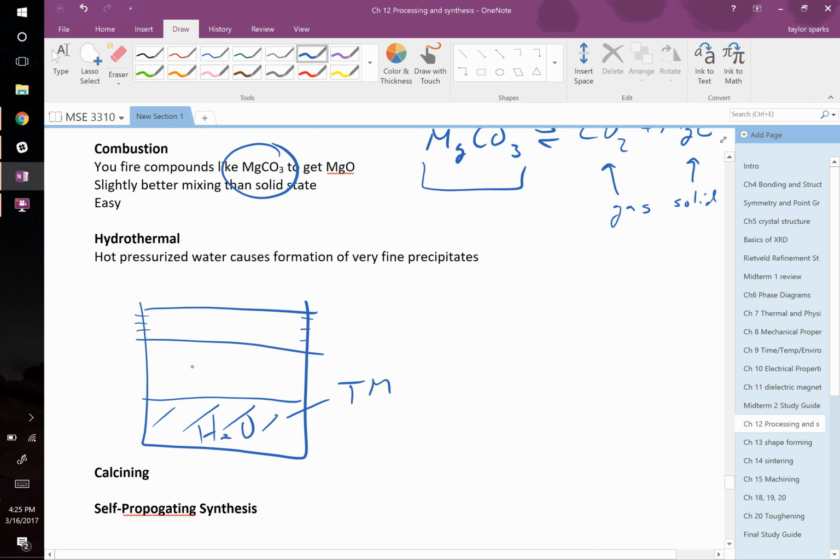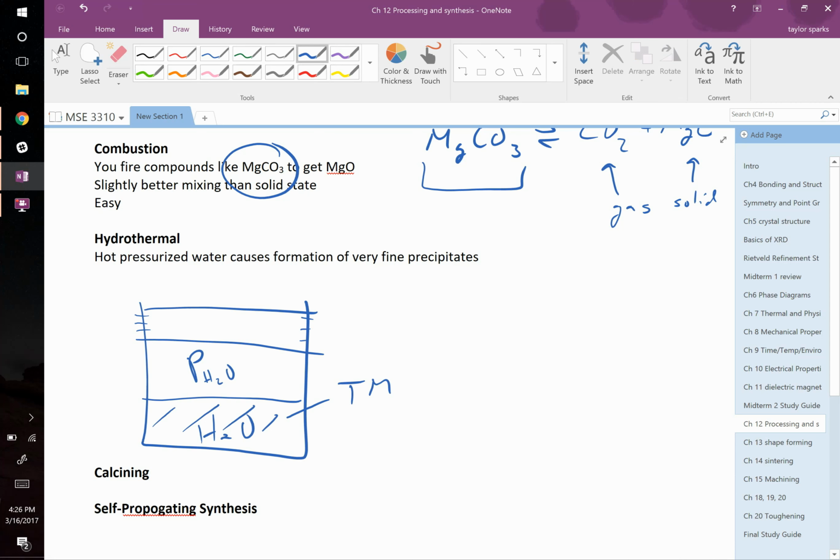And as it heats up, you're going to build up a really high partial pressure of water in here. In fact, they call these bombs sometimes. You're going to generate really high pressures in here, which causes different phases to form, and you can generally tend to get some really fine precipitates forming in here.